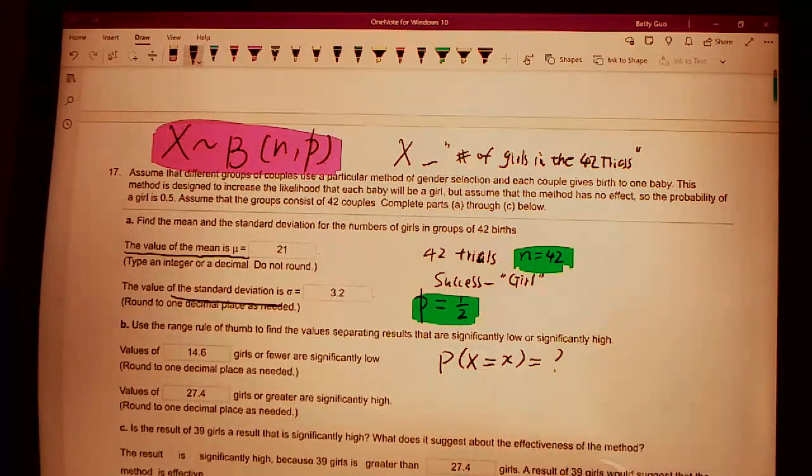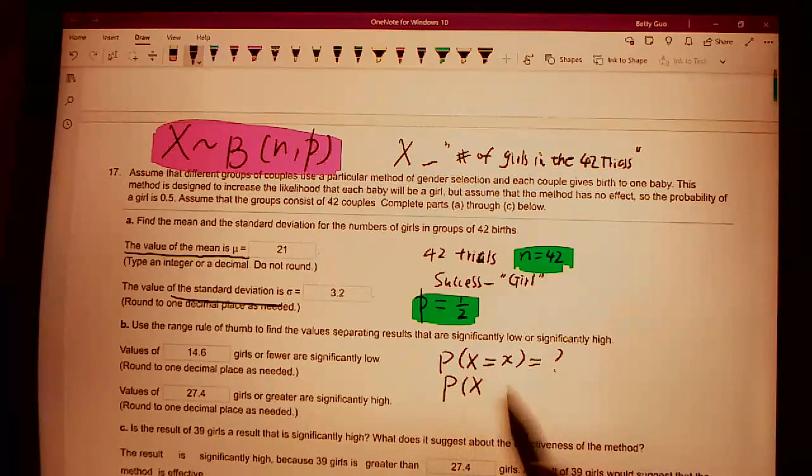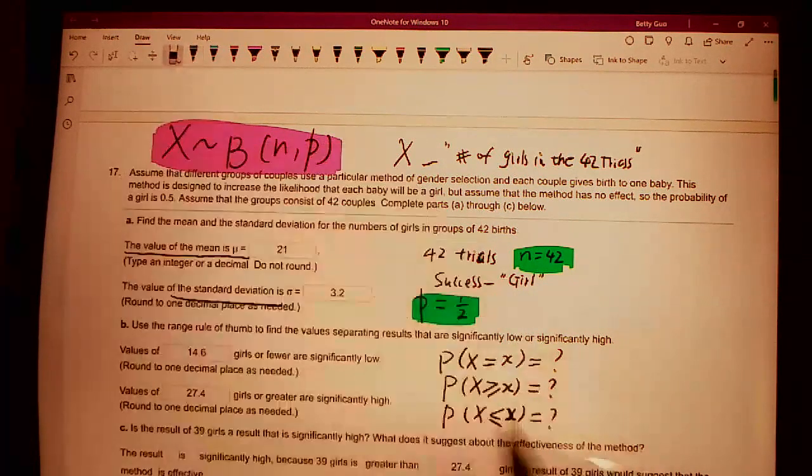How do we find this type of probability? How do we find the probability that x is bigger than x, or bigger than or equal to x, or the variable less than a value, or less than or equal to a value? Are we able to find those by using the TI-84 calculator? Yes, we could. I'm going to show you how.